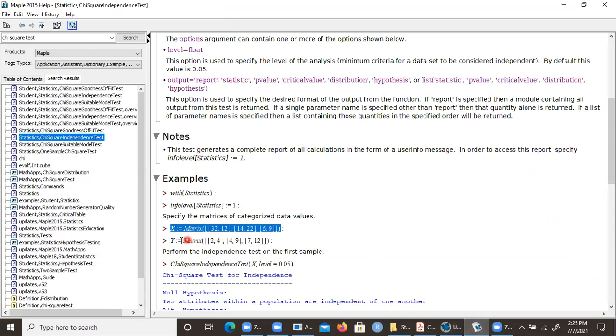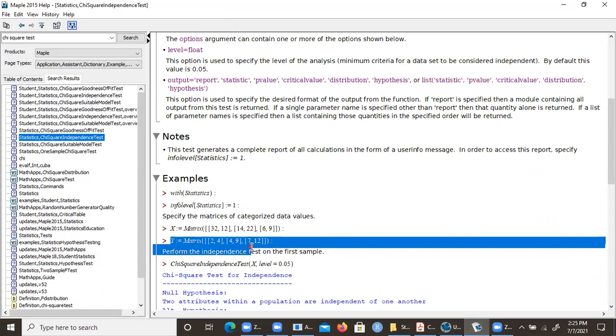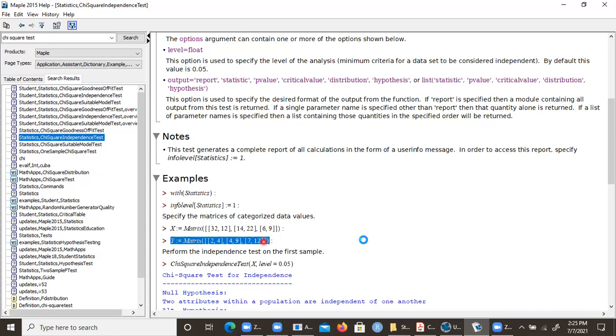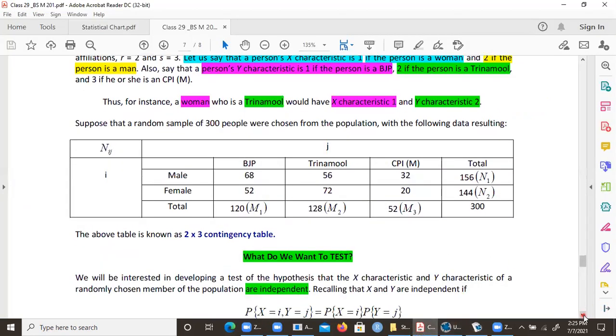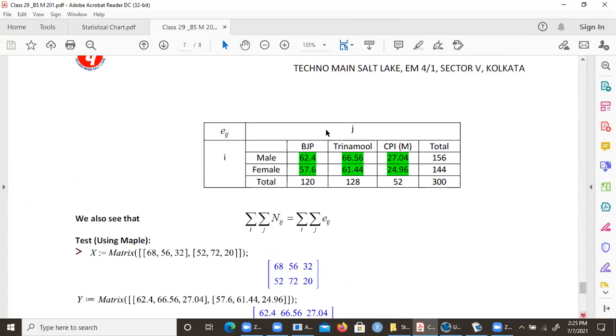Now we have to form a similar kind of matrix for the expected frequencies. Let us not copy this, because otherwise I have to change a lot. I can copy it and just change the values. We can name it as Y. And what are the values? Let me check from the problem. The values that I have calculated are these.